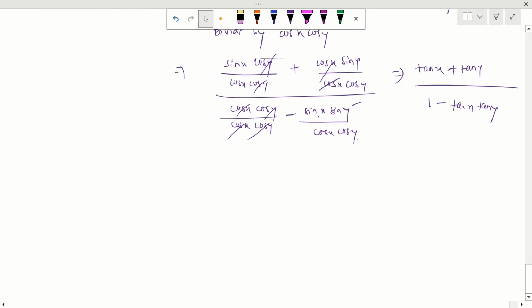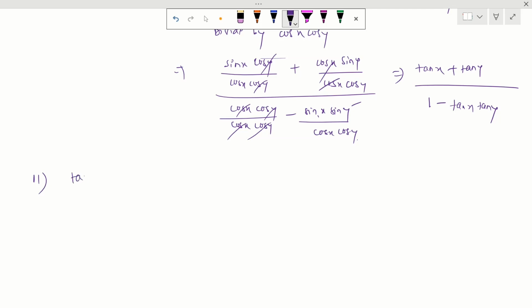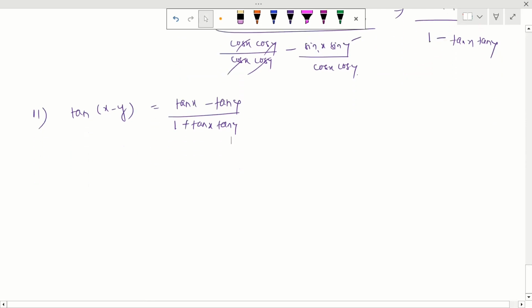Now we see the 11th one. The 11th one is tan of x minus y is equal to tan x minus tan y divided by 1 plus tan x tan y. In the same manner we have to prove this one.